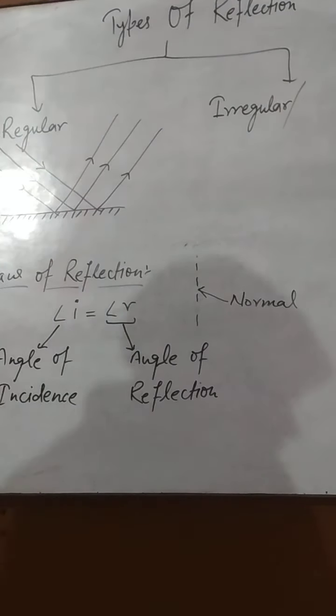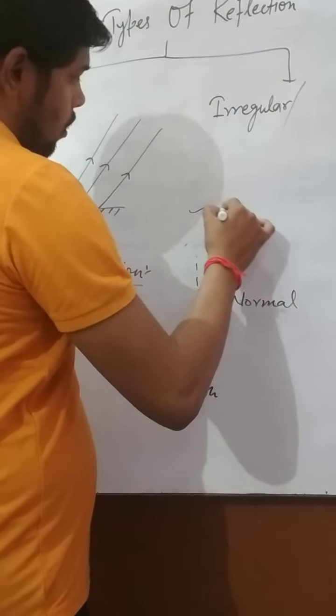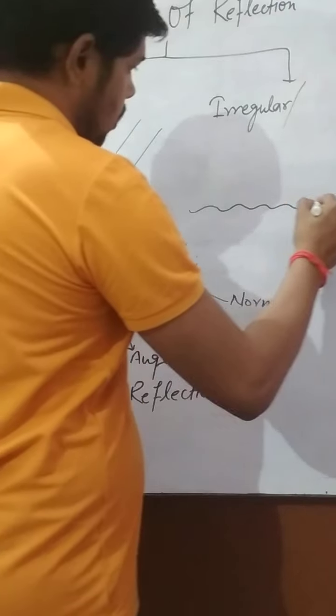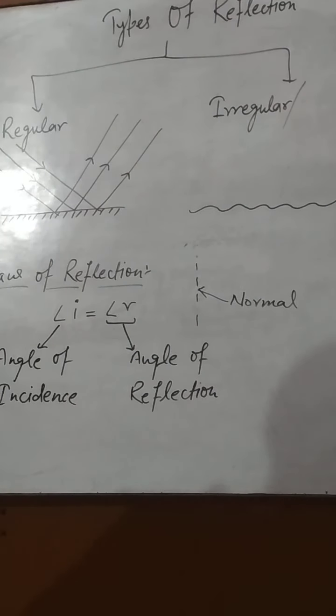This is the simple representation of regular reflection. Then irregular reflection: for example, an unplaned surface.